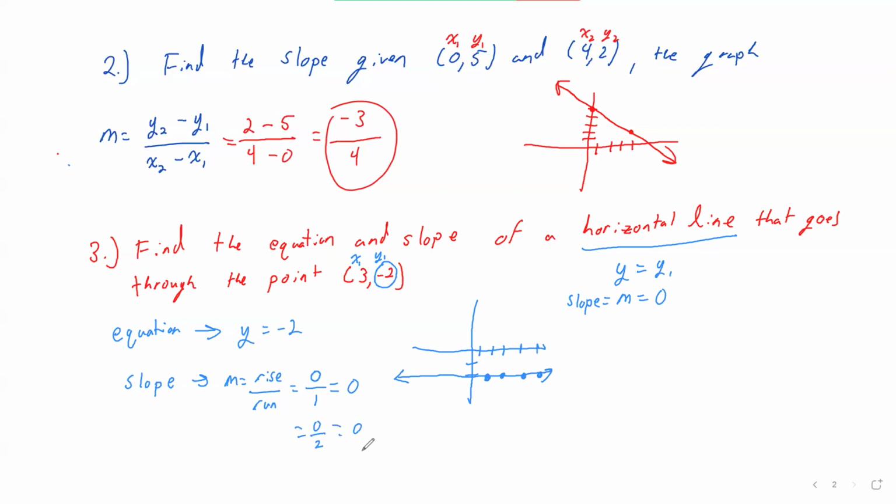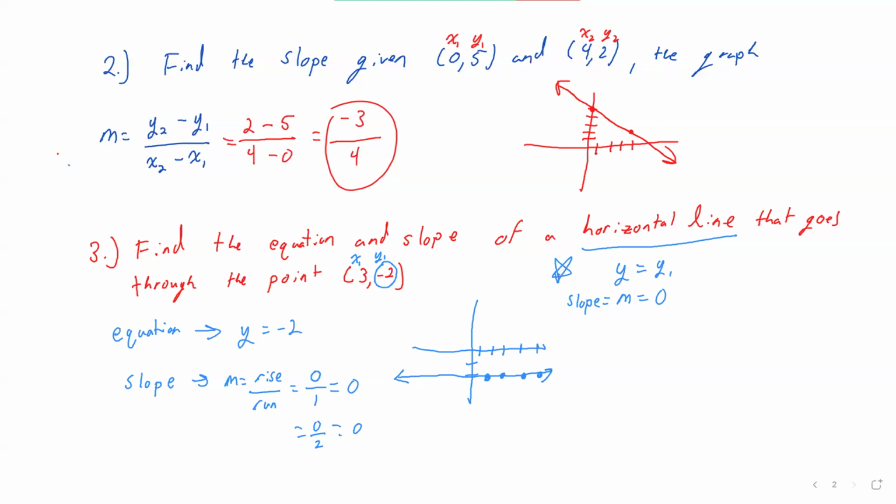So it's not going to matter where you went. Your slope is still 0. So yeah, mathematically, you didn't actually have to do anything. But I wanted to make sure you understood these concepts. This is what you have to have kind of memorized. So again, I would call these questions on a test a memory fact kind of question. No math needed, but do you remember horizontal line is y equals and the slope is 0?